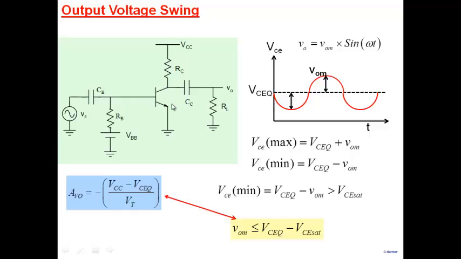But if you make VCQ small, then the output swing that you can get also becomes small. If I make VCQ equal to 1 volt, the maximum swing that I can get is 1 volt minus 0.2, which is 0.8. And accordingly, you can calculate whatever is the gain.